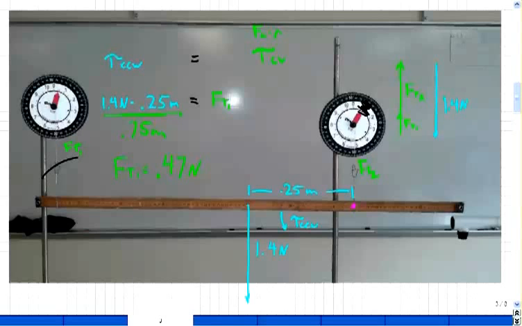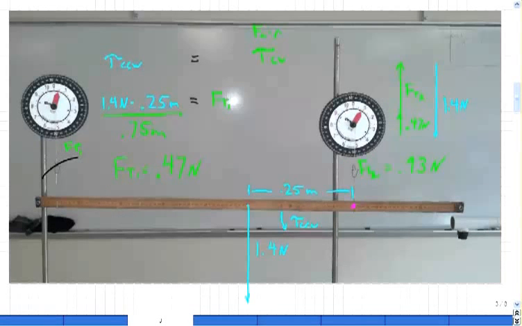And since I actually know FT1 is 0.47 newtons, I just have to subtract that from the 1.4. So I take 1.4 minus 0.47, and I get a value which is equal to FT2. And I get 0.93 newtons. So I can erase this, and I'll be danged if it's not almost 1, slightly under 1.